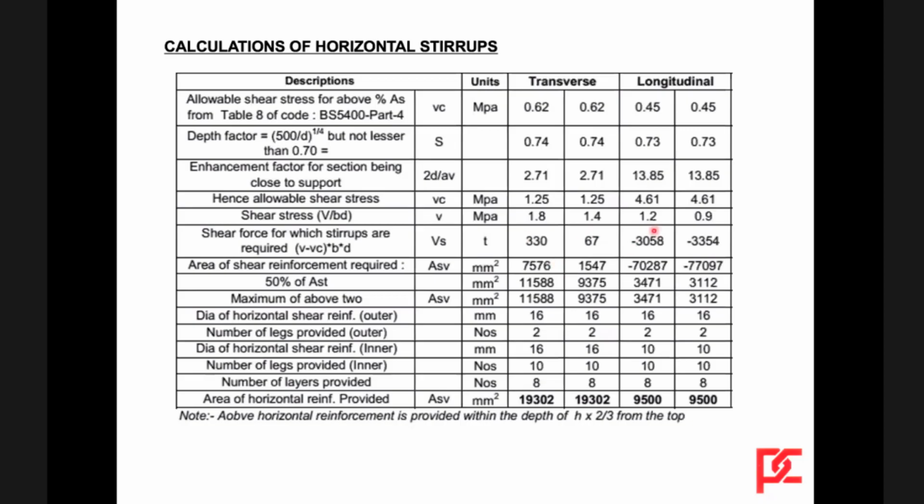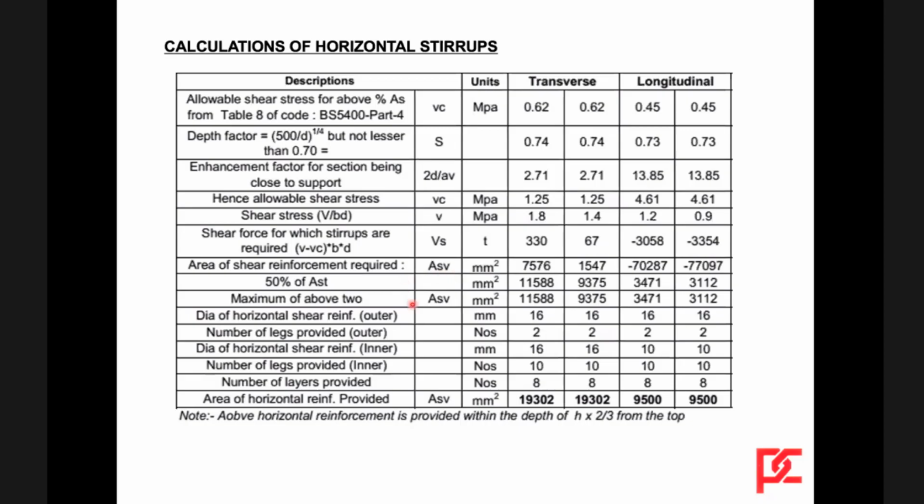Here we don't require them because this is a very short corbel, only horizontal stirrups are required. Here vertical stirrups are also required, which is calculated using this. And then there is another clause that it should be a minimum of 50% of AST.